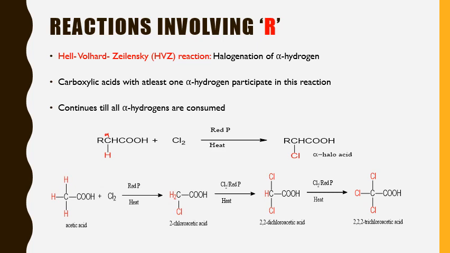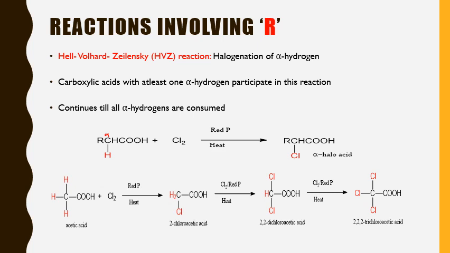So one hydrogen will be replaced with chlorine. So 2 alpha hydrogens are remaining as such. So you can see only the alpha hydrogens are participating, and the reaction will be continued still as we have 2 more alpha hydrogens.